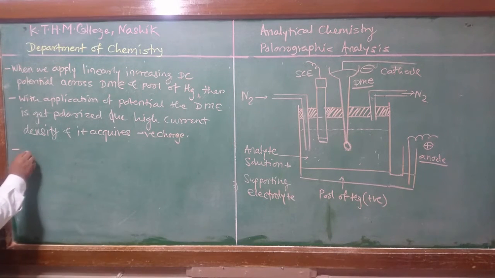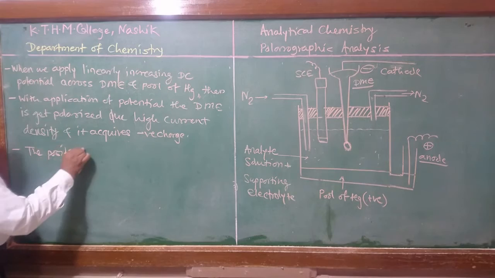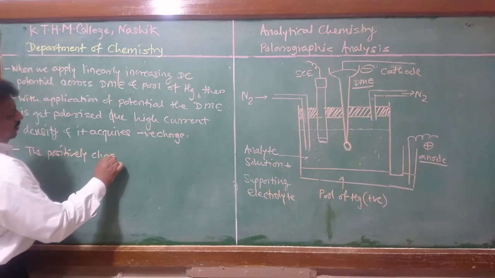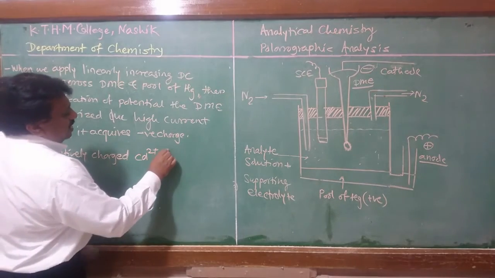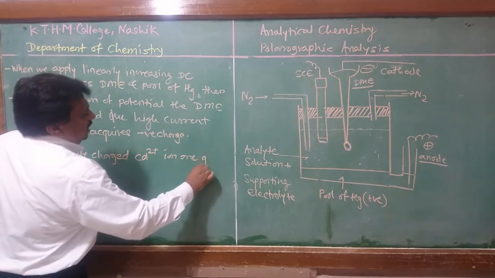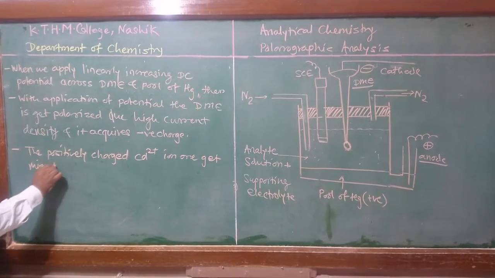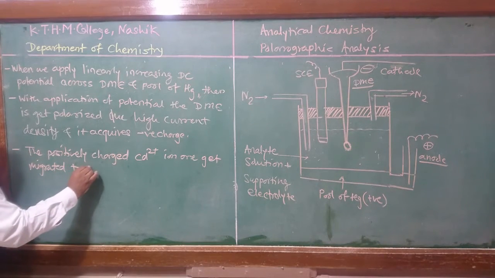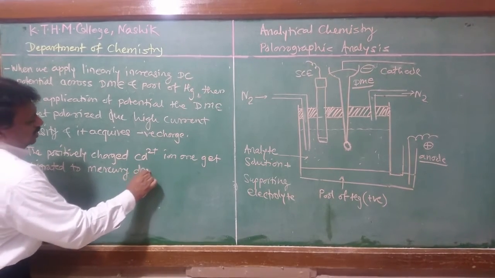Once the electrode acquires a negative charge, the positively charged cadmium 2+ ions migrate to the mercury drop.